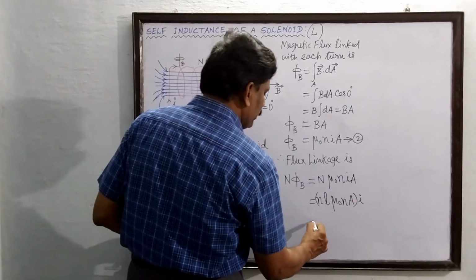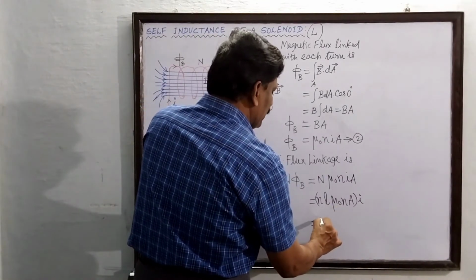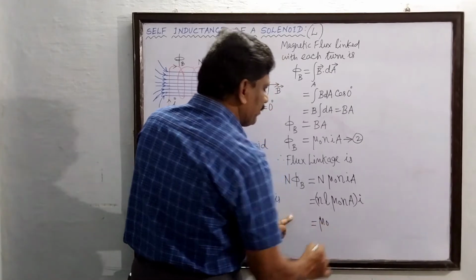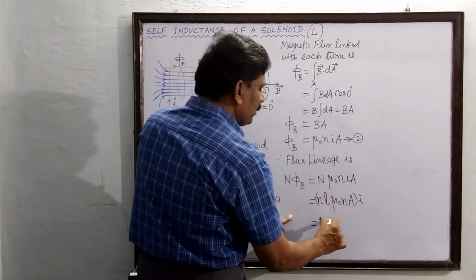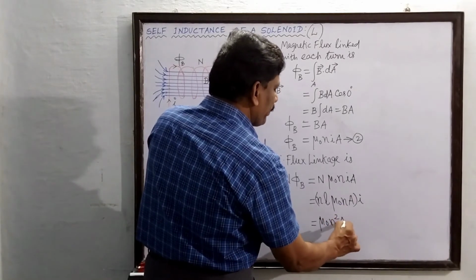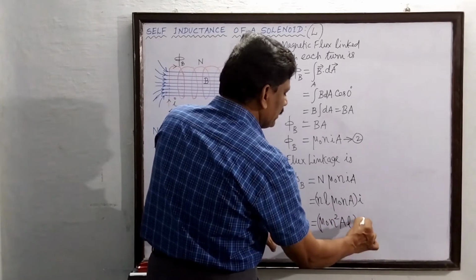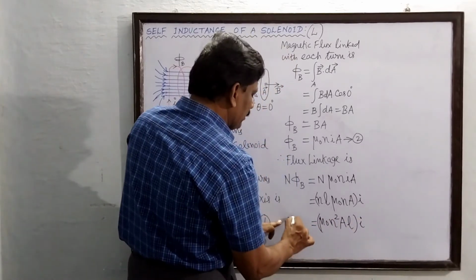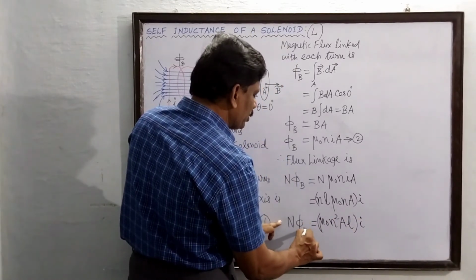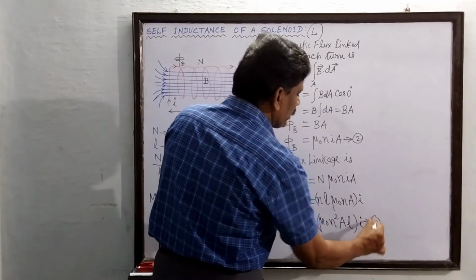First I will write the constants in proper order. So mu naught is written first, then n into n becomes n square, then comes the area A into L, and then followed by the current I. So this is the flux linkage, and this is considered to be the third equation.